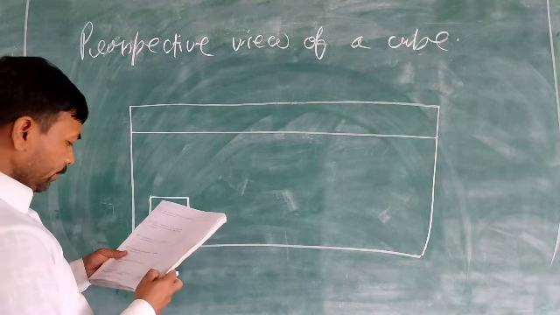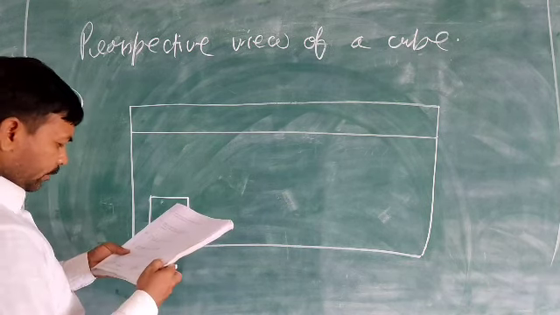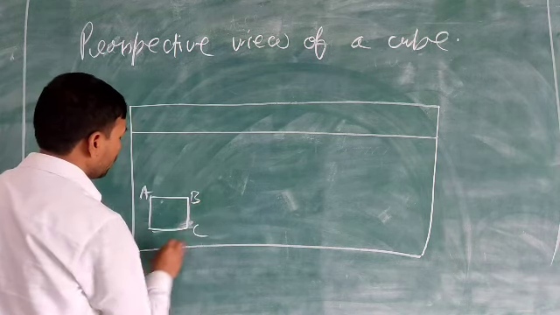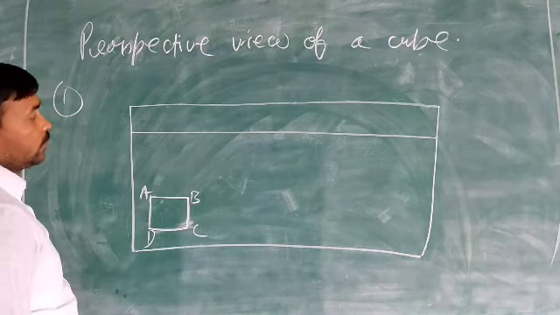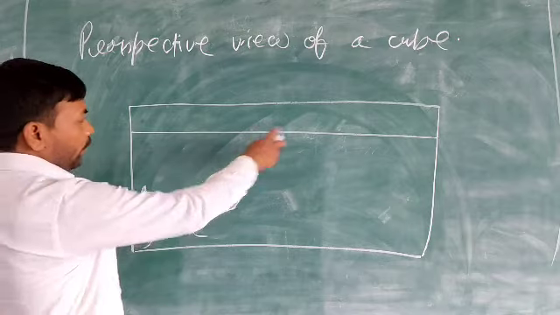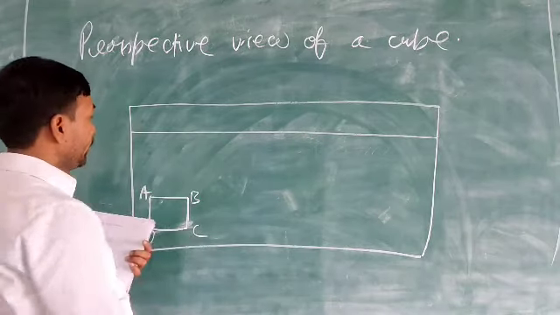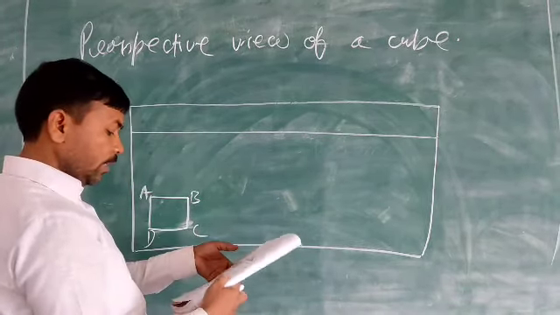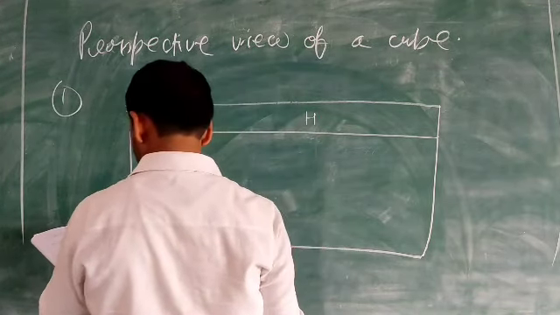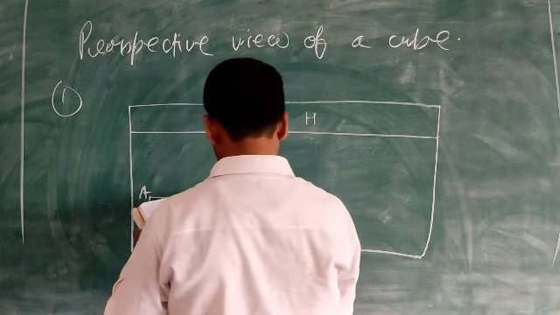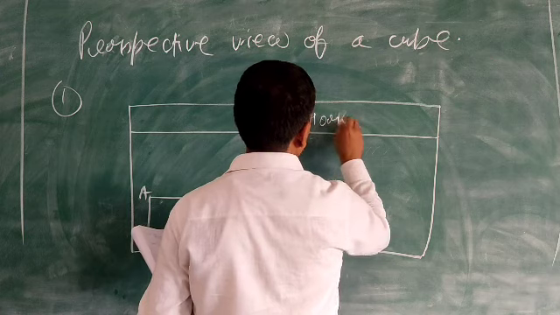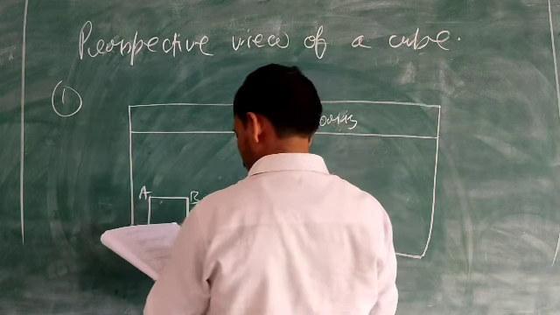You can give any name: A, B, C, and D. And after that, you take a point on the horizontal line. Suppose this is the horizontal line. Here you mark a point and write here origin.